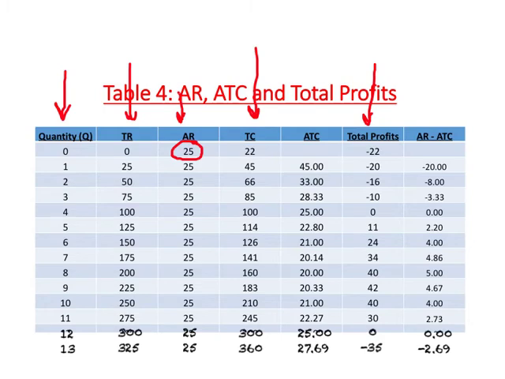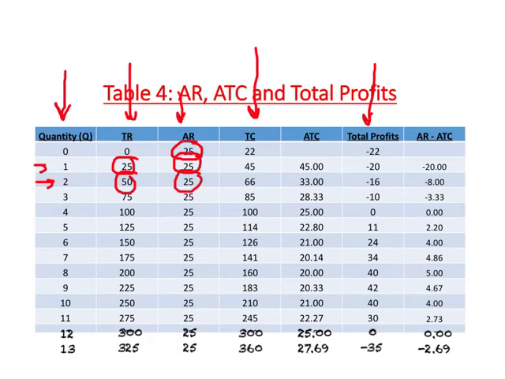Now when the firm produces 1 unit of output, the total revenue is $25, so the average revenue will be 25 divided by 1. When the firm produces 2 units of output, total revenue is 50, and the average revenue will be 50 divided by 2.